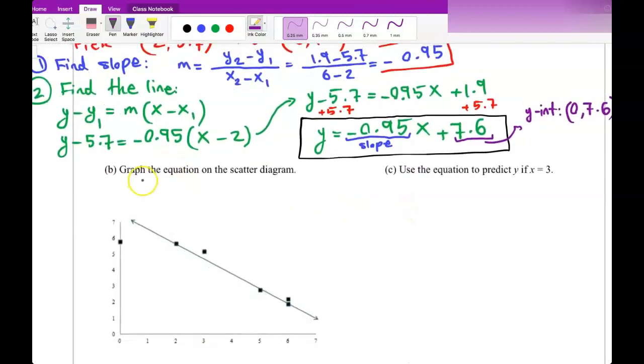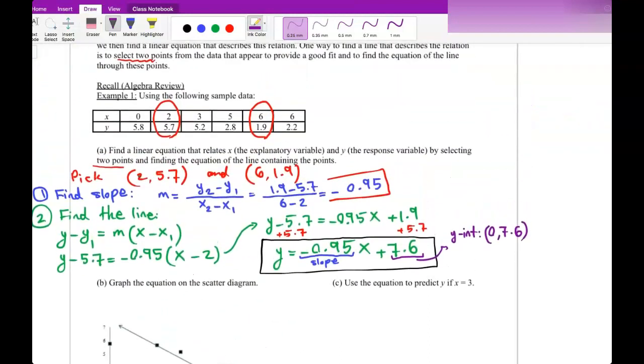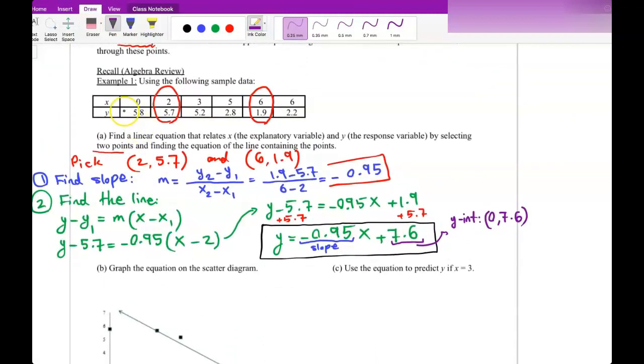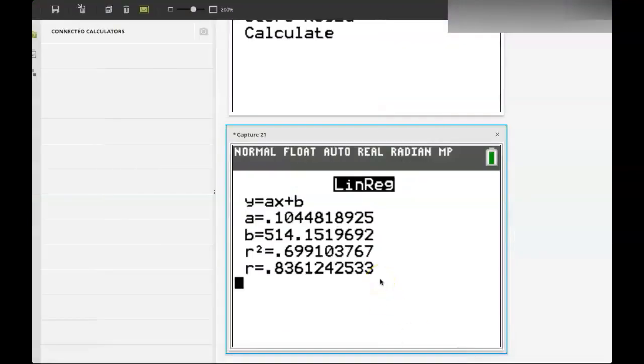Now part B, graph the equation on the scatter diagram. Using the calculator, we should enter all these x and y values. So press that.